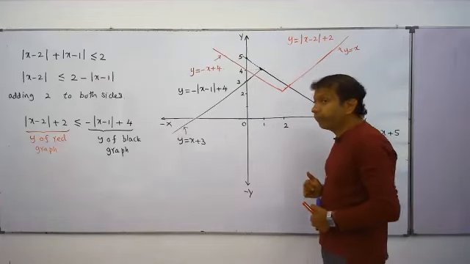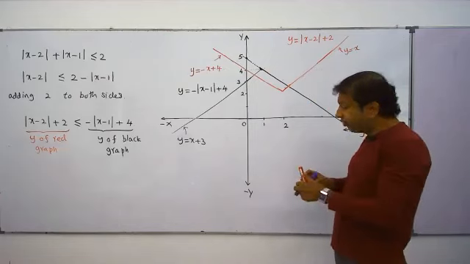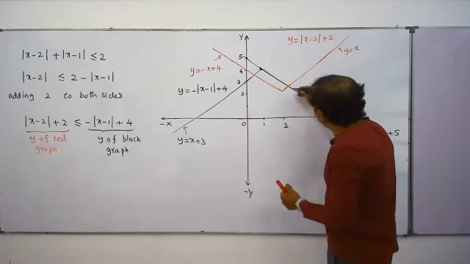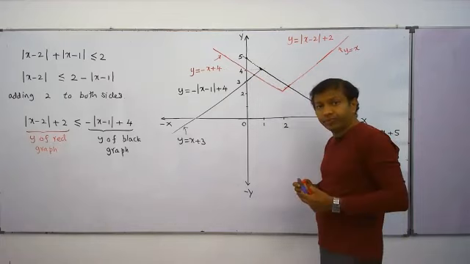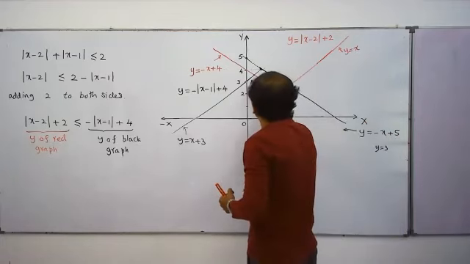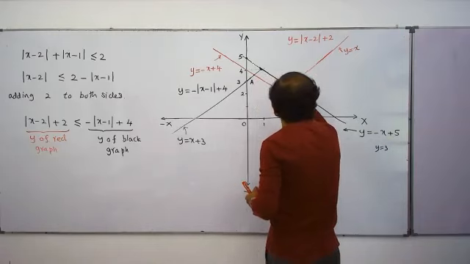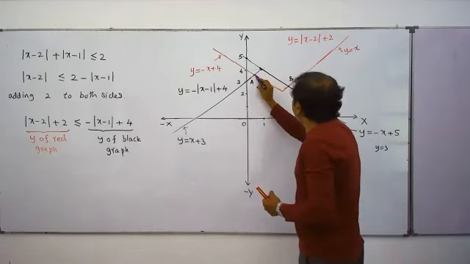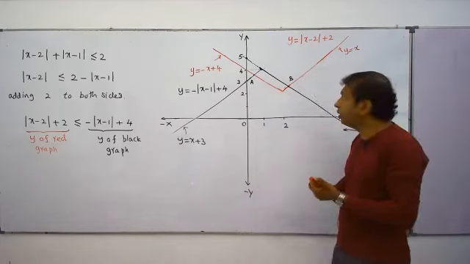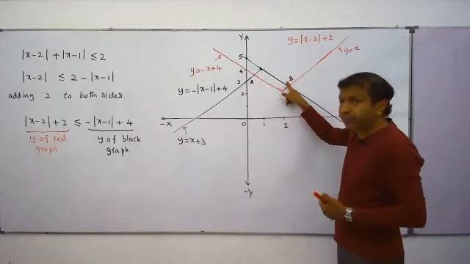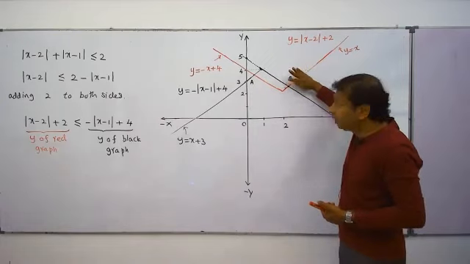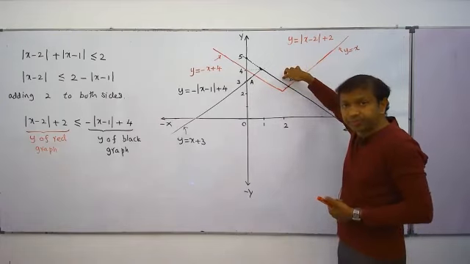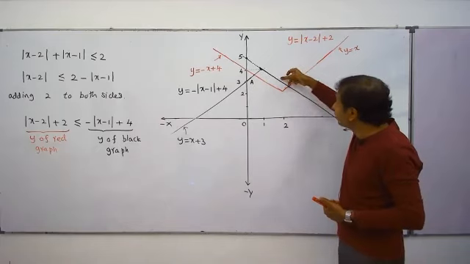People, you know, when we consider between this point and this point, I take this point as A and I take this point as B. Between this A and B, you can see the black graph is above the red graph.